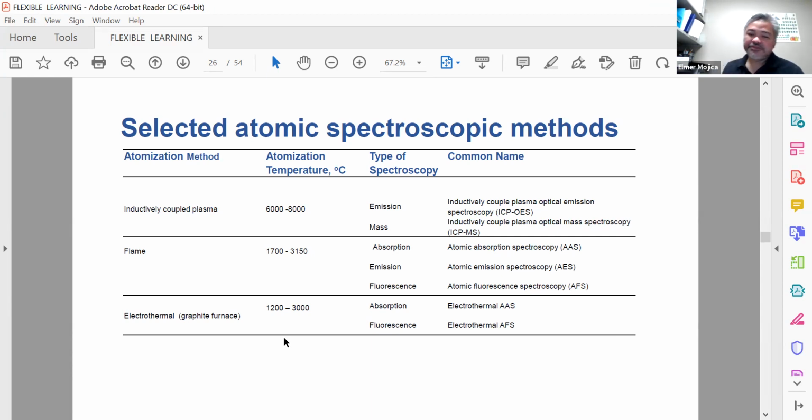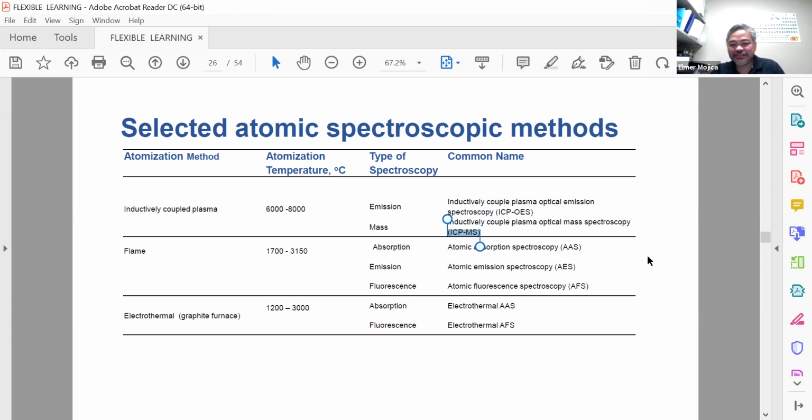Now, if you attach the method to each: if it's emission, it is ICP-OES. If it's mass spec, it's ICP-MS. If it's in the flame, you have flame atomic absorption spectroscopy, or FAAS.